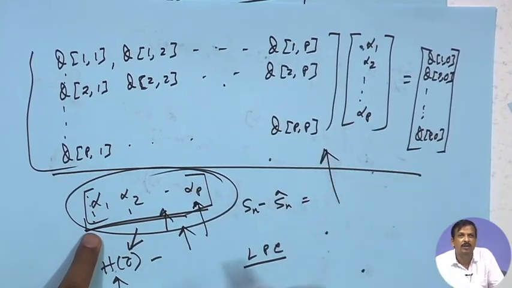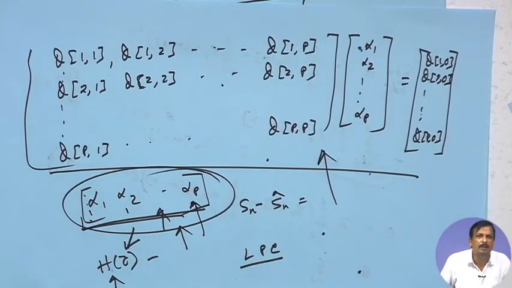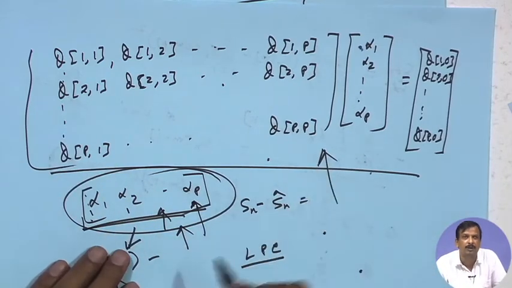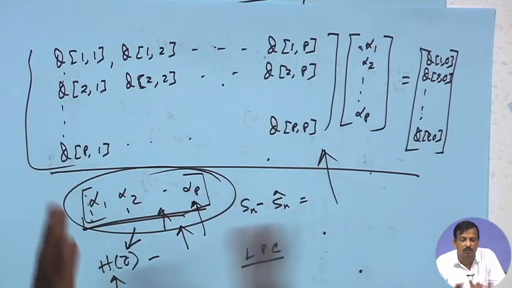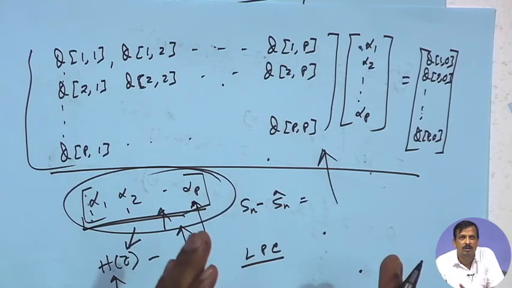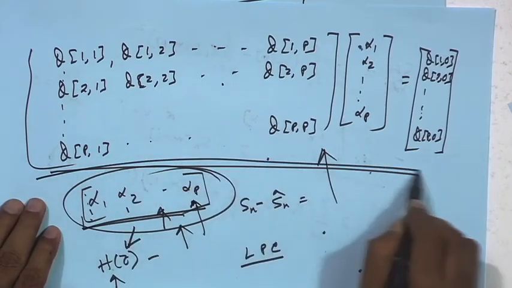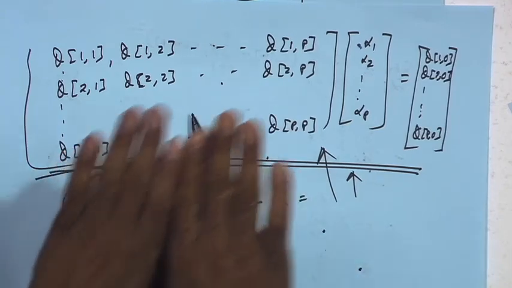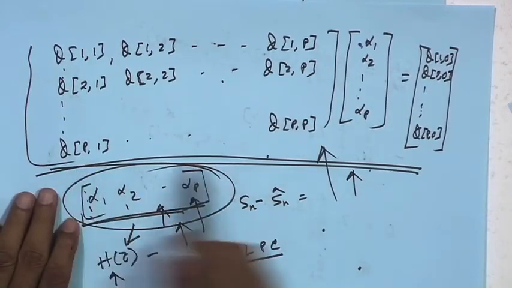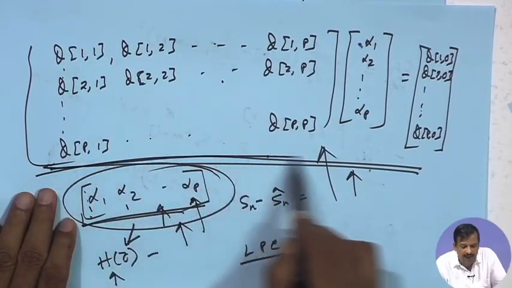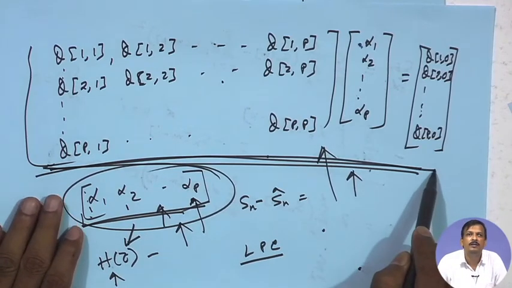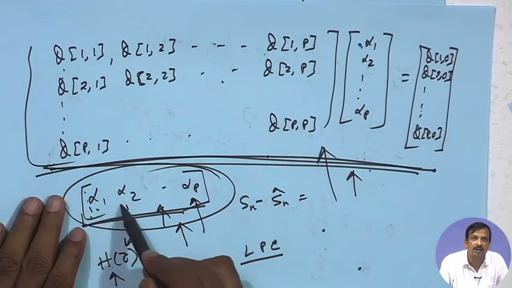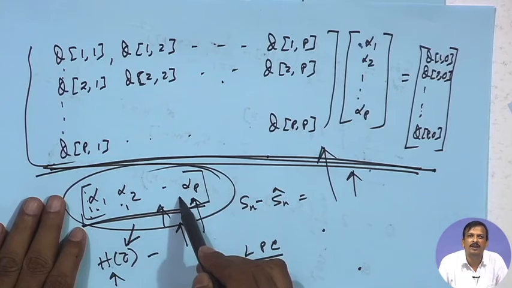I have to solve this matrix. There may be a number of methods to solve this matrix. In the next classes, we will discuss them one by one. Ultimately I have to solve this matrix, so using those methods, how efficiently I can solve it so that I can estimate these values, that is my target.